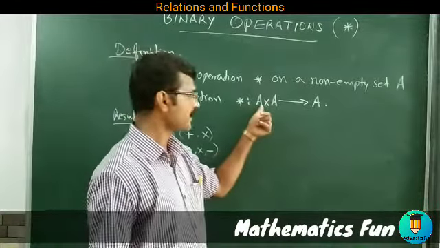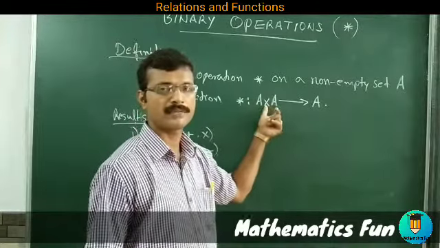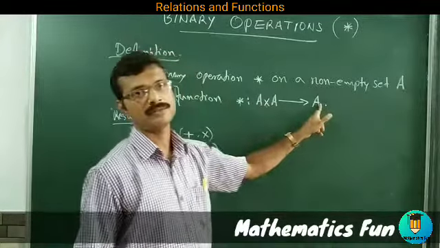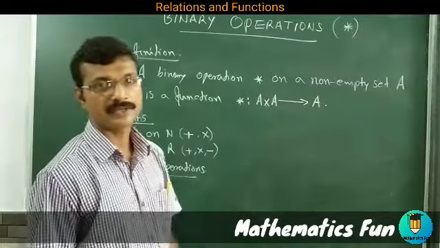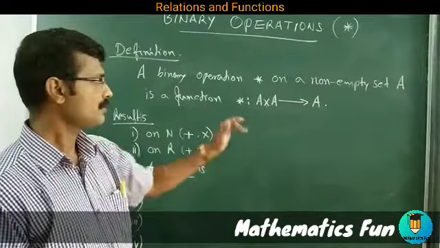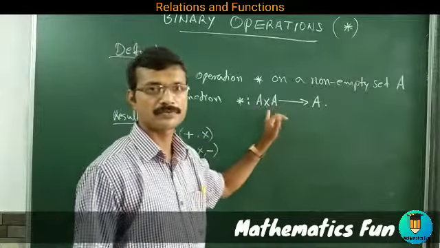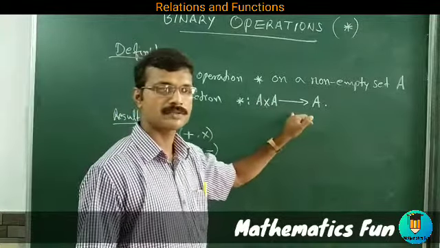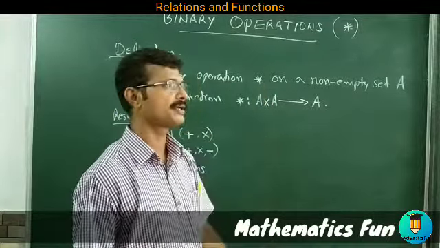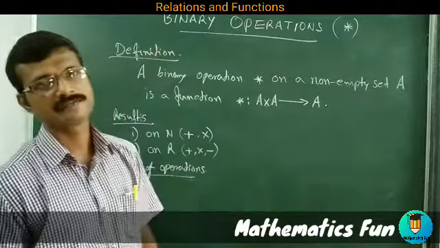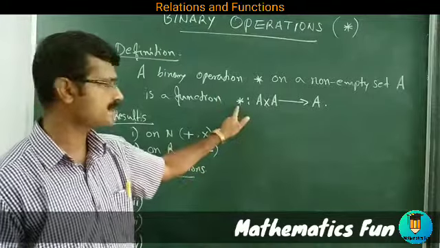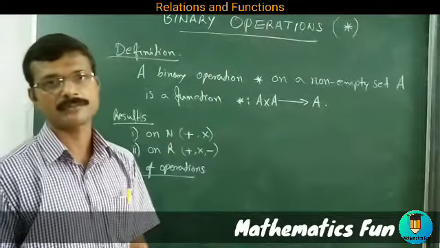The product of two real numbers is also always a real number, so multiplication is a binary operation. The difference of any two real numbers is always a real number, so when difference is the operation, it is also a binary operation.